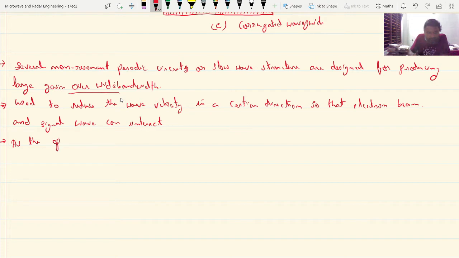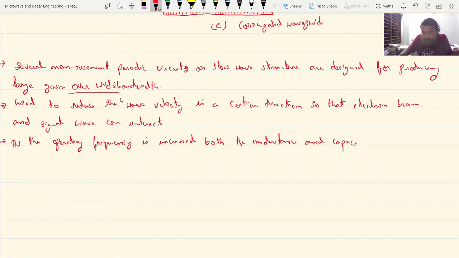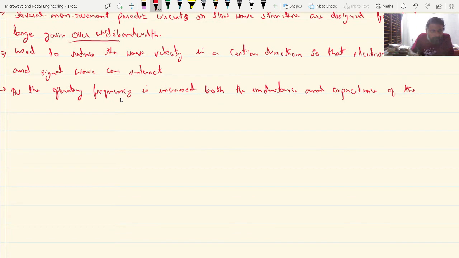The reason for the first point: as the operating frequency is increased, as I told you, both the inductance and the capacitance of the resonance circuit must be decreased.